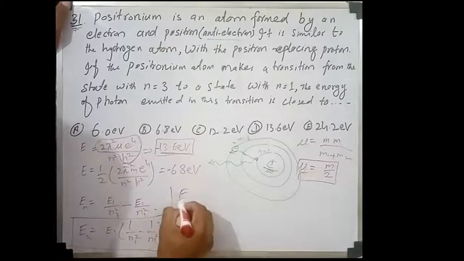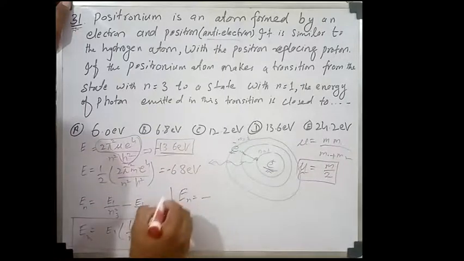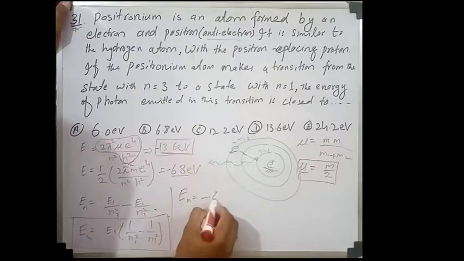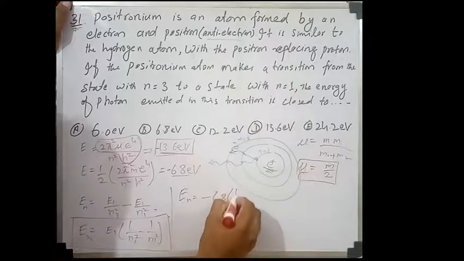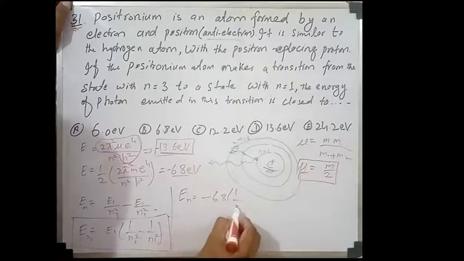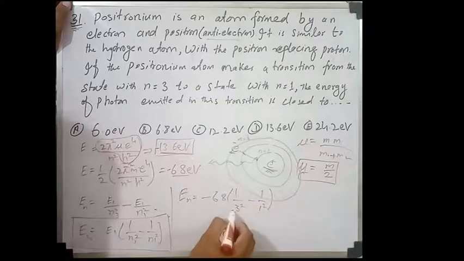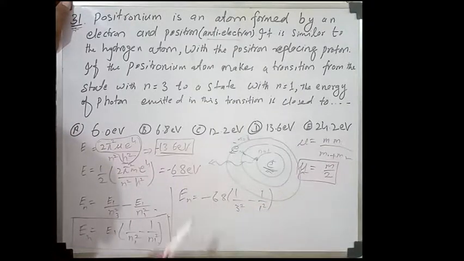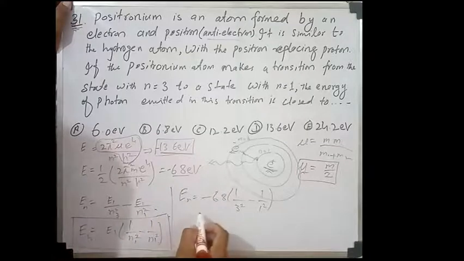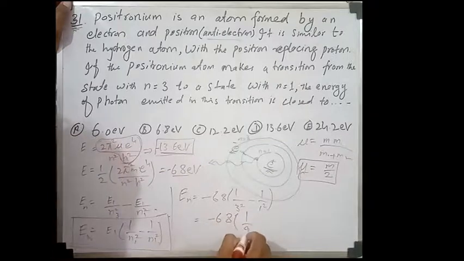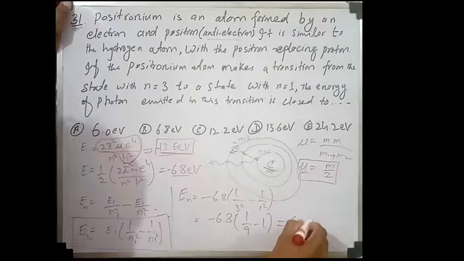Then E is equal to E1, which is minus 6.8, times 1 divided by n1, which is 3 square, minus n2, which is 1 square. The electron is going from 3 to 1, so if we calculate this, it will result in minus 6.8 into 1 over 9 minus 1, which gives 6.04 electron volt.